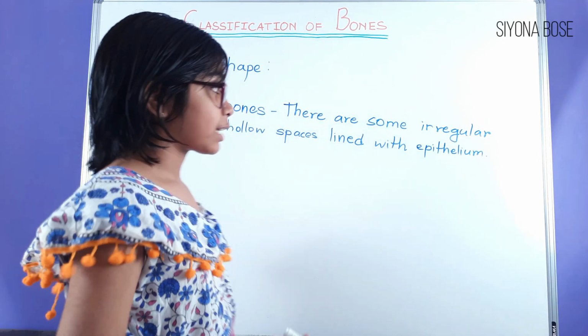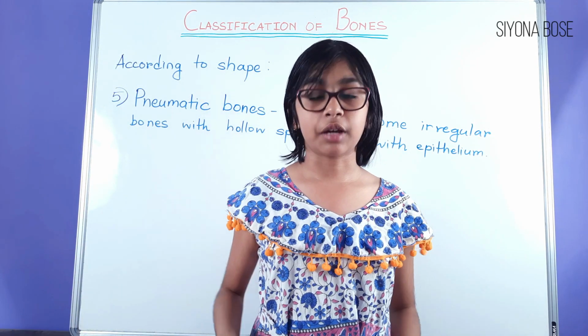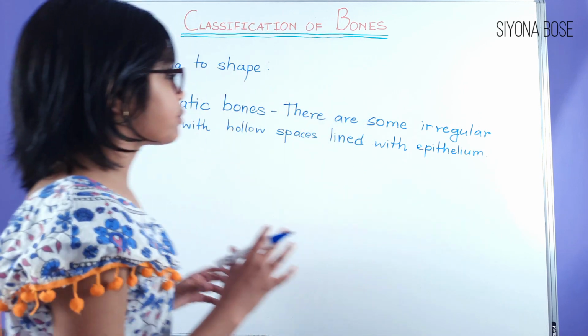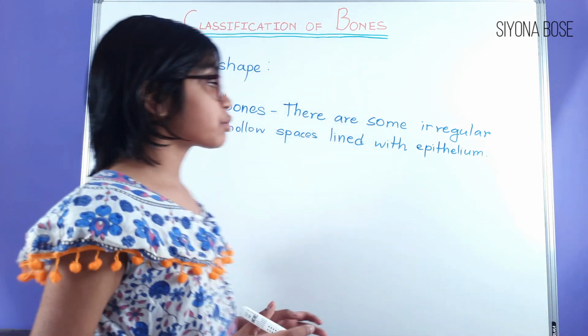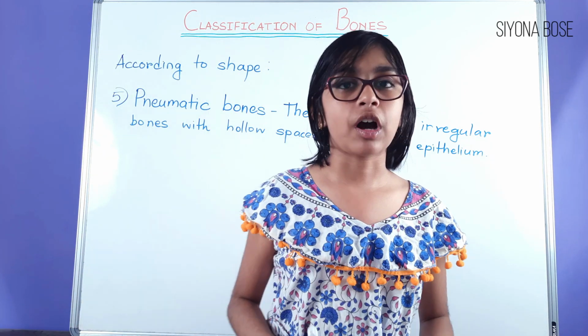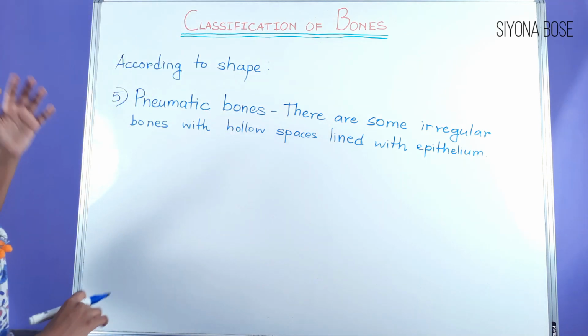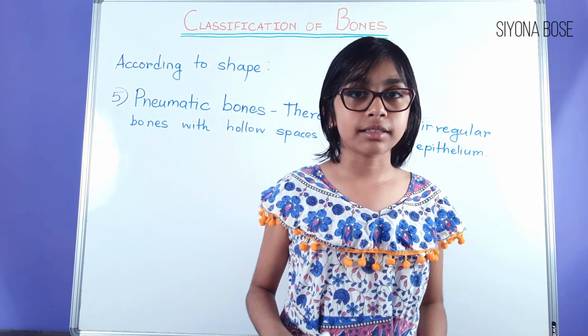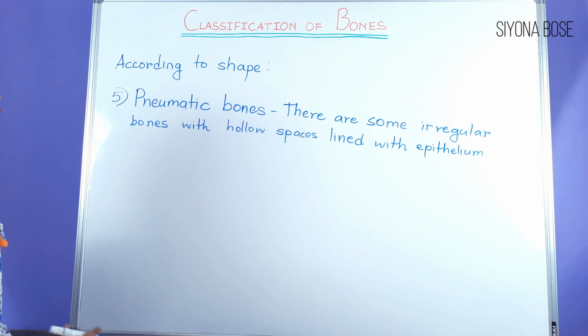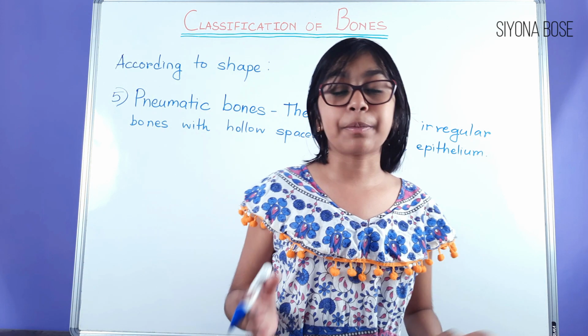Those are pneumatic bones. What is epithelium? Epithelium is basically an animal tissue, which is a constituent part in human and animal bodies, and it is present on every kind of organ. So over here also, there are some irregular bones with hollow spaces lined with epithelium.